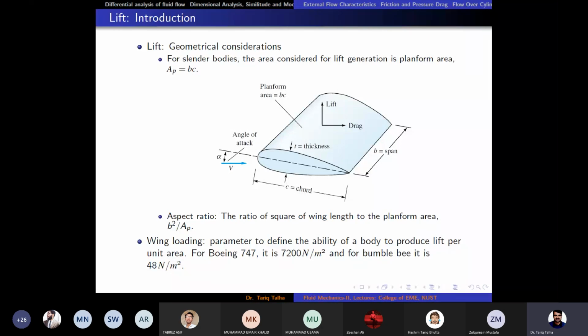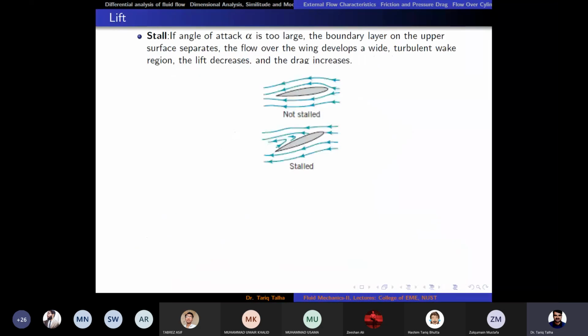Okay, so then there is a condition of stall. That is a very interesting area. It means that if we increase the angle of attack very high, with the flow coming from right to left, in the first figure the angle of attack is not very high.